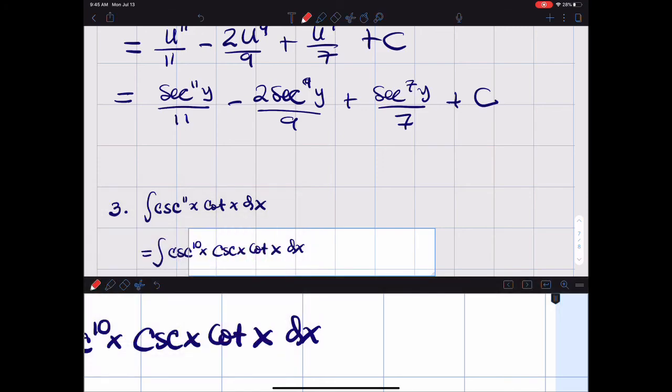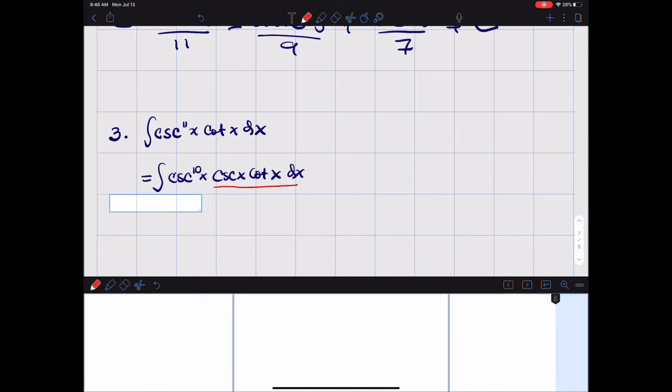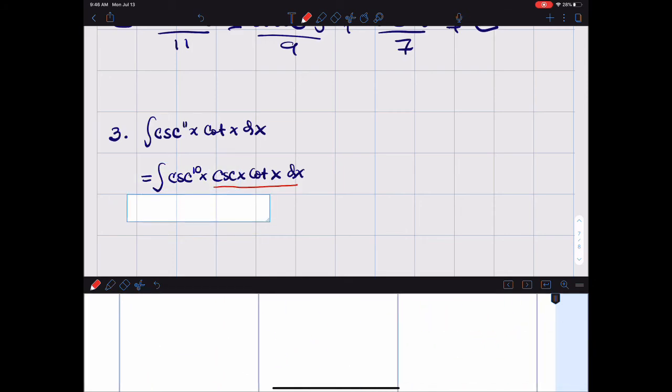Save it, don't do anything to it, right? And it says rewrite every other thing in terms of cosecant, but the remaining thing is already in terms of cosecant. So we're good to go. Sometimes the scary things end up being easy. Sometimes scary things be easy.